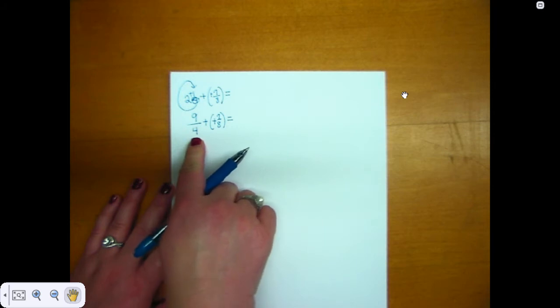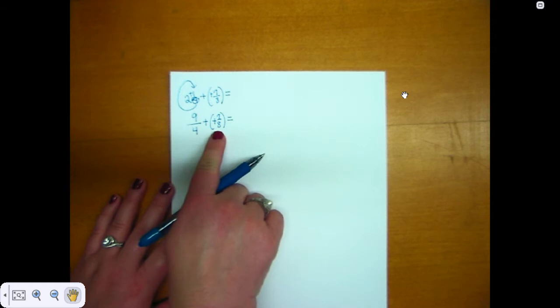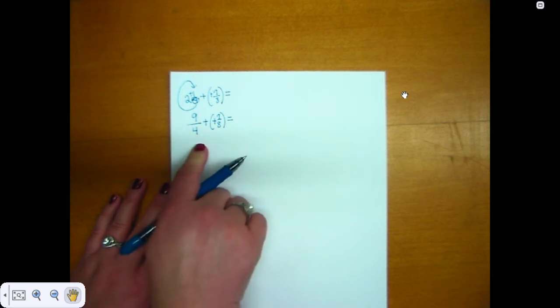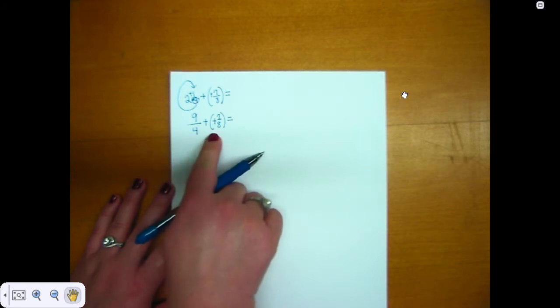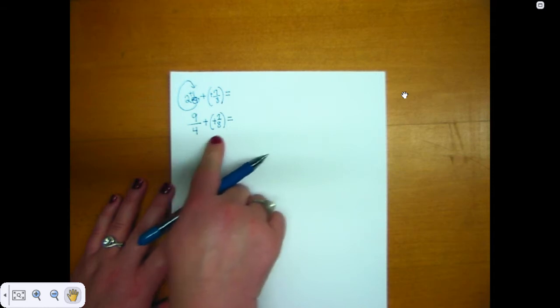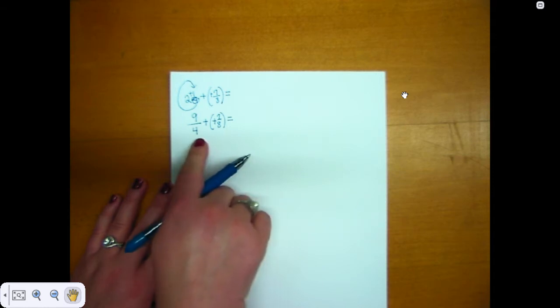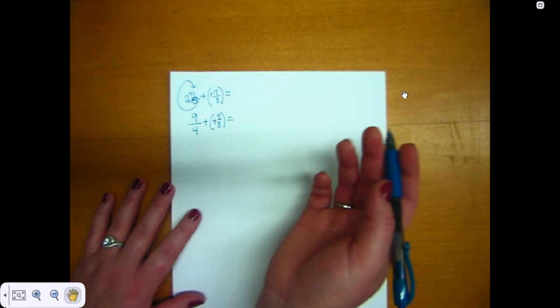But if you didn't notice that, absolutely you could say 4 times 8 is 32 and use 32, and you'll still get the right answer as long as you keep simplifying. So it doesn't matter what common denominator you use, as long as it is a true common denominator and not a wrong multiple of 4 or 8. So I'm going to use 8.